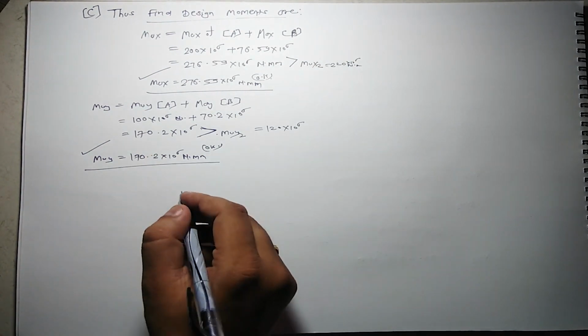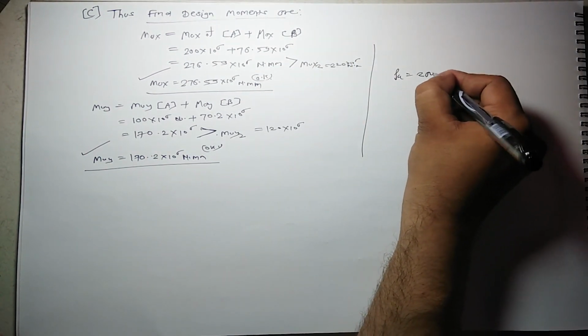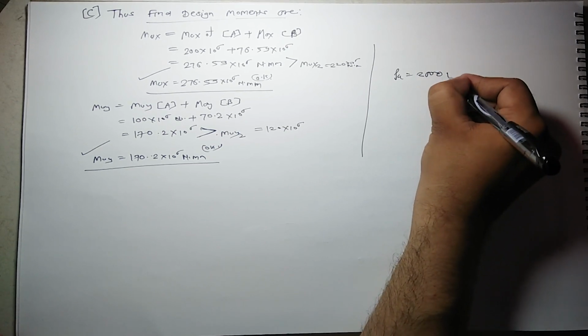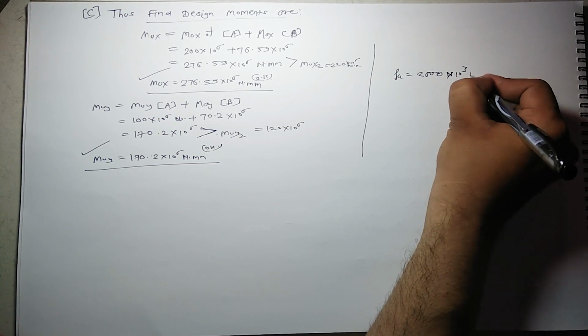So now finally we are done with the moments. We have the ultimate load Pu in 10 to the power 3 Newton.